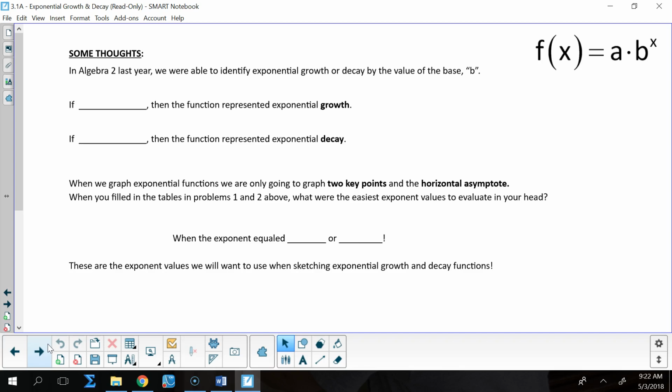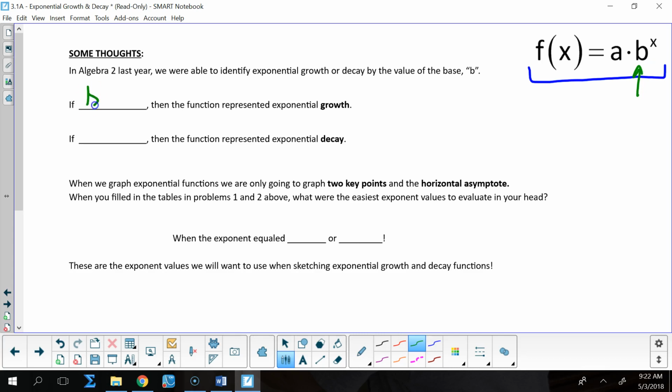when we have this kind of a function right here, I look at the b value, and that b value is going to tell me if it's a growth or if it's a decay. The main thing to remember is that if that b value is greater than 1, it's going to grow.